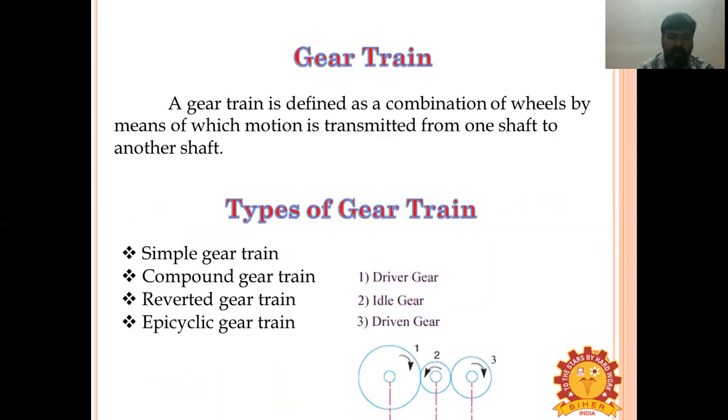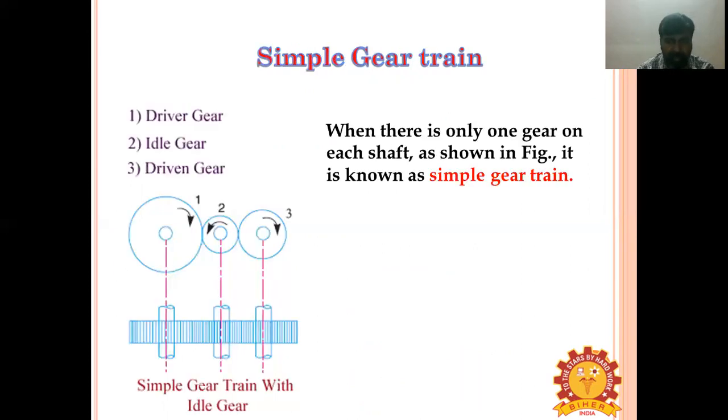Come to the simple gear train. In this gear train we have a driver gear, an idle gear, and a driven gear. What is meant by a simple gear train? When there is only one gear on each shaft, it is known as a simple gear train. Gear one is the driver, and it drives gear two.